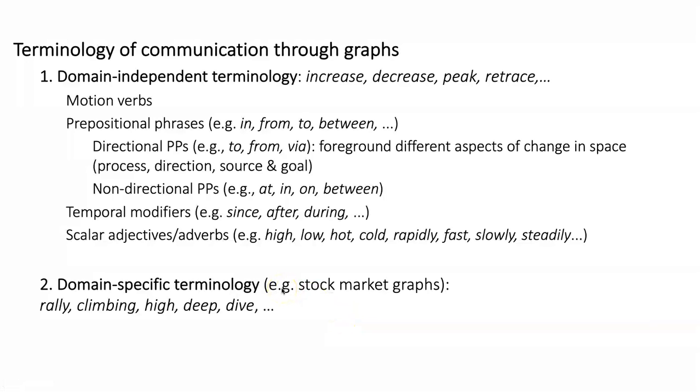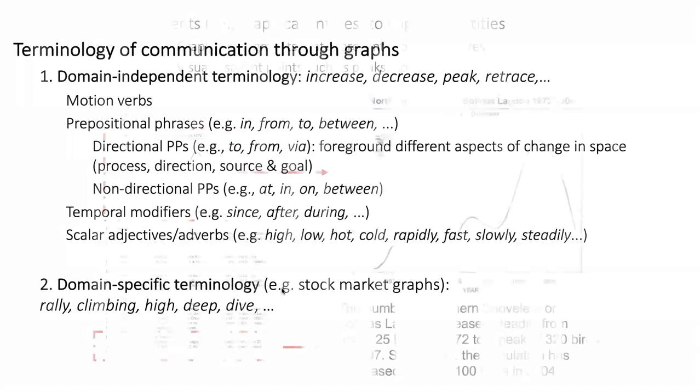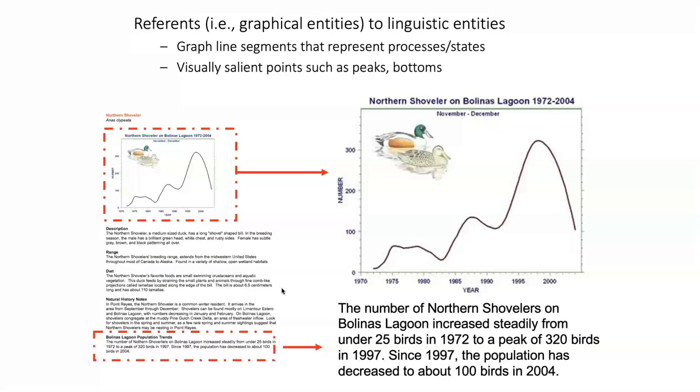So, up to this point I said that there are regularities, there are patterns in the terminology of communication through graphs. Remember the initial slides, I said that we should look for patterns and study the boundary conditions of these patterns. Then I had a closer look at the examples. I picked certain parts of those documents that I found. These are not designed by me; these are available documents, and I investigated these sentences more closely.